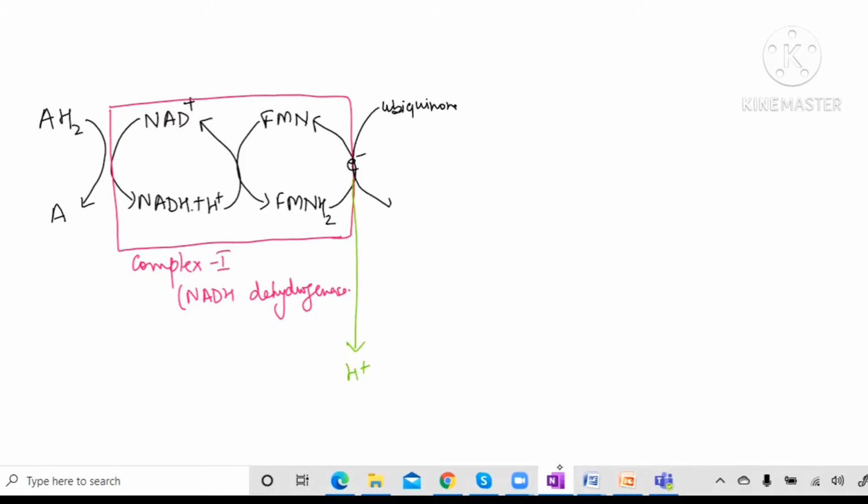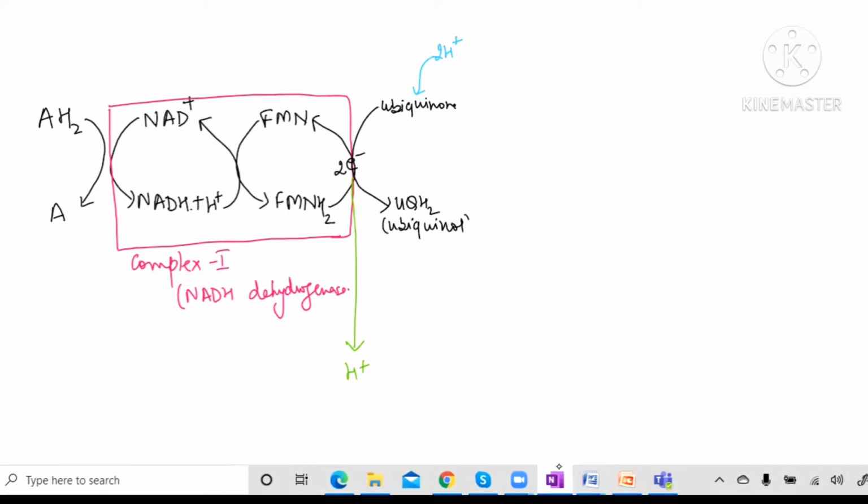But ubiquinone is not an electron carrier, it is a hydrogen carrier, so it will remove protons from the matrix. Because the system is giving 2 electrons, it will remove 2 protons, and it becomes the reduced form of ubiquinone, known as ubiquinol. Is it clear? Up till here the concept is clear.